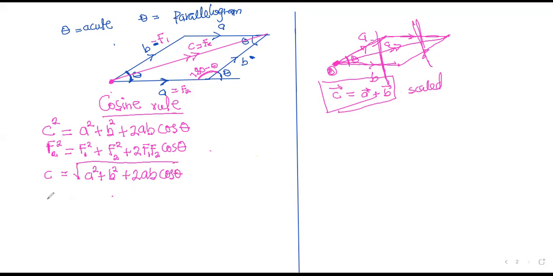If we are using forces F1 and F2, then F, please, this is a subscript representing resultant, F resultant is equal to the square root of F1 squared plus F2 squared plus 2 times F1 times F2 times the cosine of theta. This is the cosine rule.